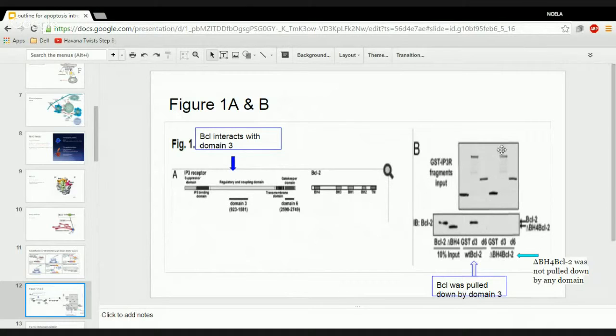The top part of Figure 1B shows us what they put in the GST pull-down assay, while the bottom part is what was pulled down.